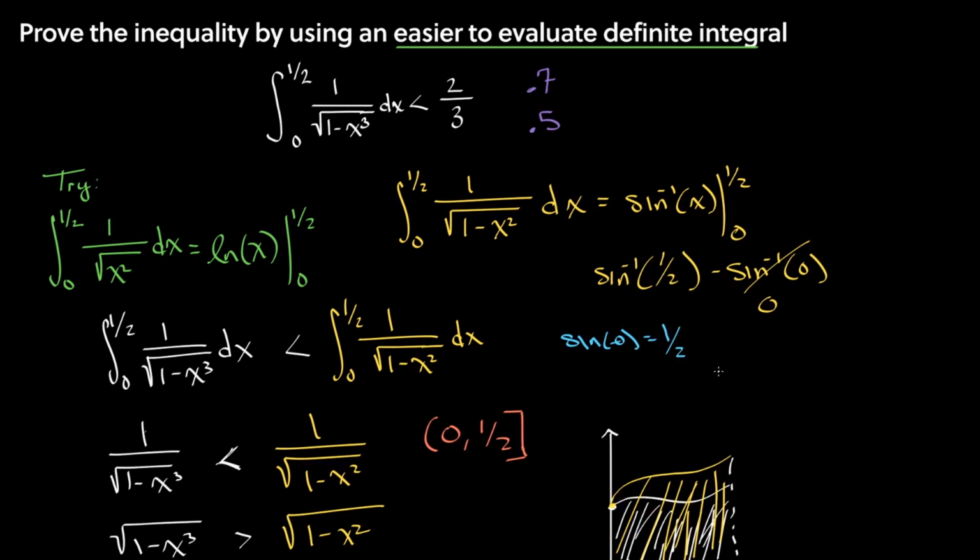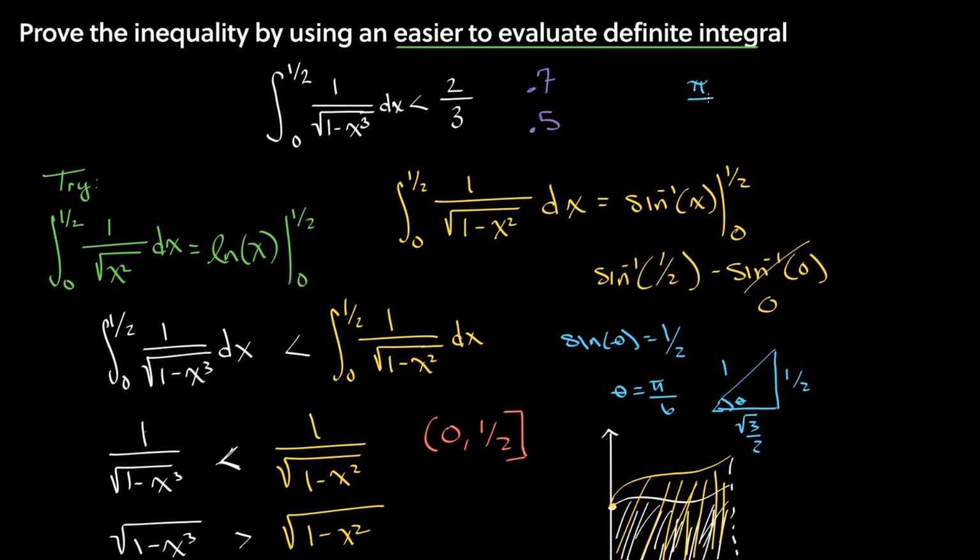Sometimes I forget these things, so I like to draw out a right triangle with some theta value. We have 1/2 over here, 1, and square root of 3 over 2, and we know that theta is pi over 6. So this whole definite integral comes down to pi over 6.